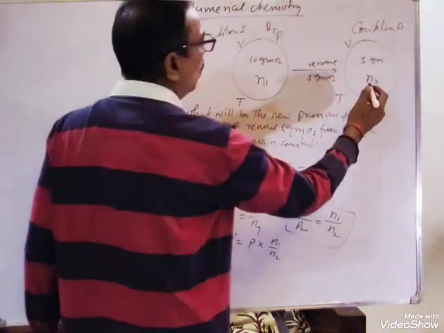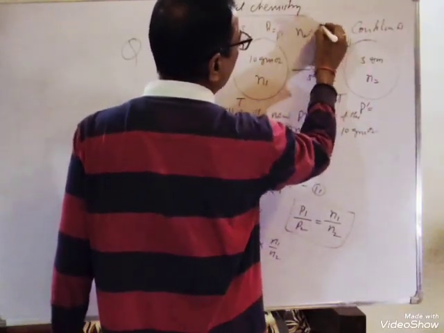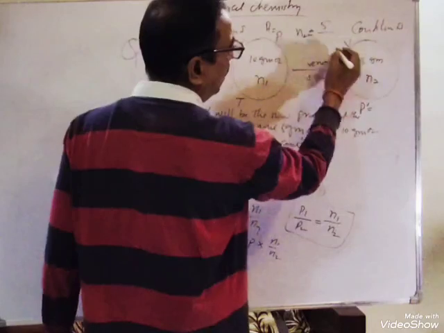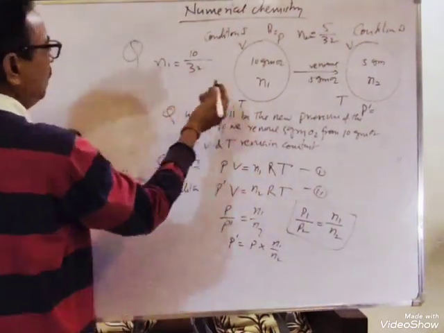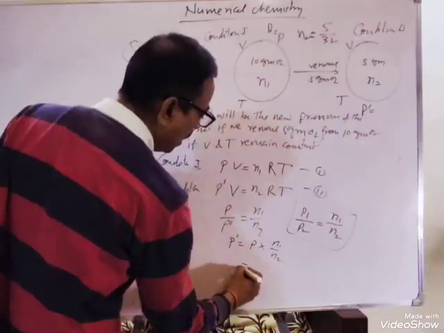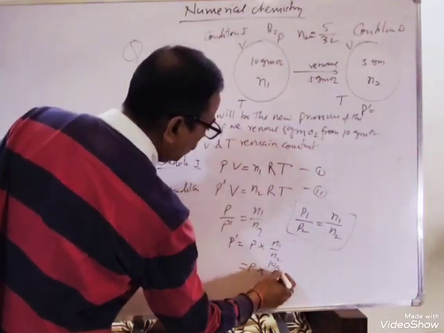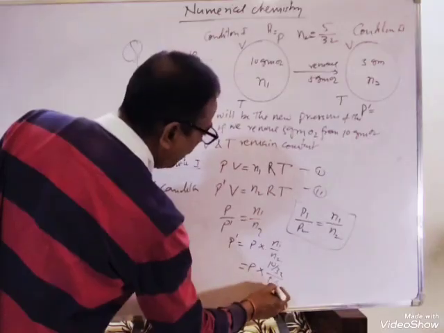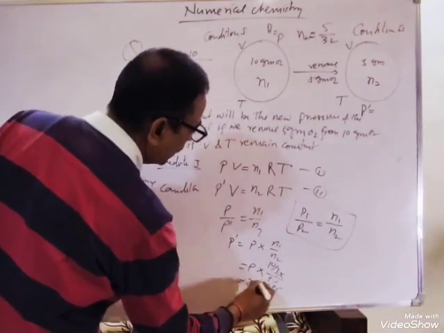Here the value of N2 will be 5 gram weight in gram divided by molecular weight, that is also 32. So N1 by N2, if you put the value here, P into 10 by 32 divided by 5 by 32, 32 cancel, that is 2P.